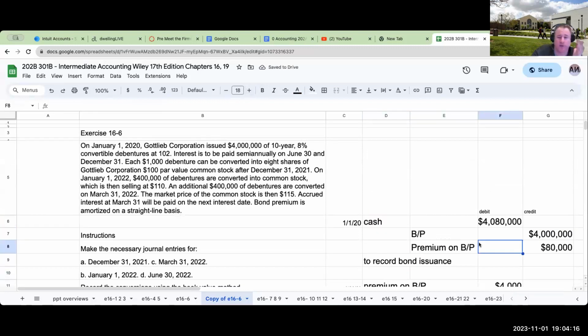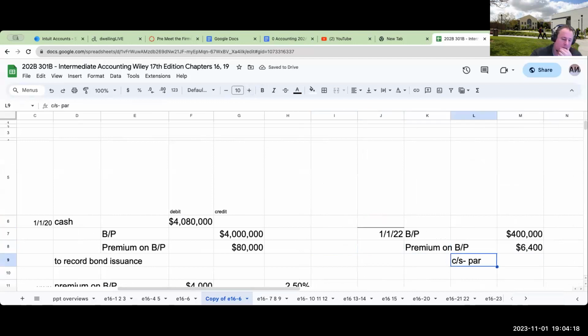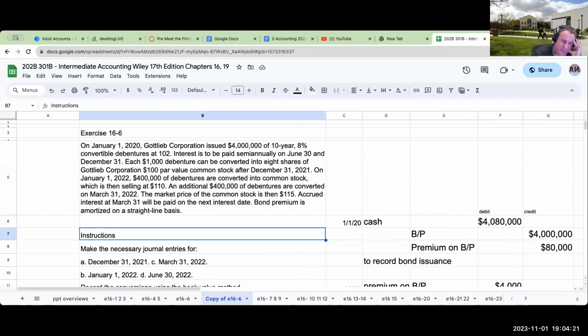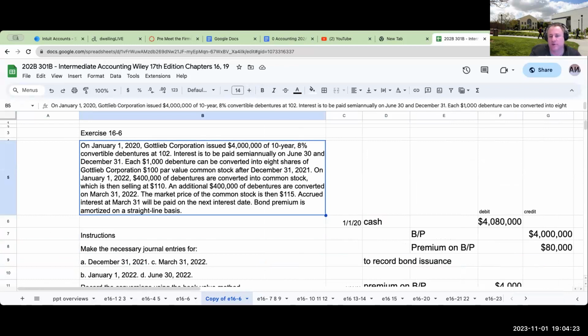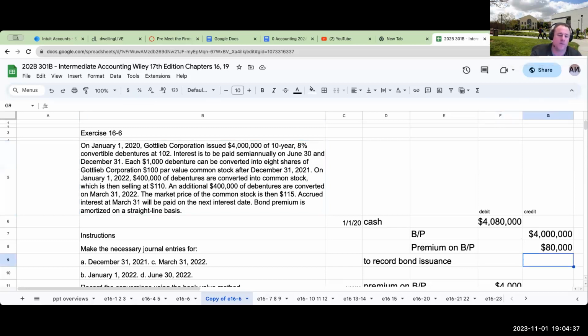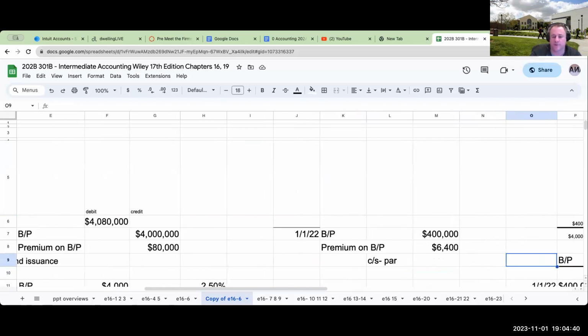Now, I want you to notice something here. The par value of this is $100, and I shouldn't even be doing this question because of that. But if you can find me a publicly traded company other than Berkshire Hathaway that has a par value more than $10 per share, come and find me, and I would love to hear from you. So that's my little challenge.